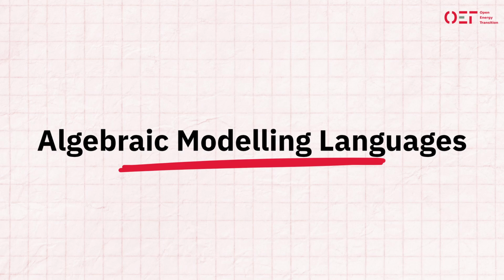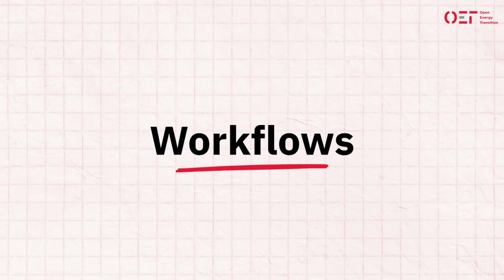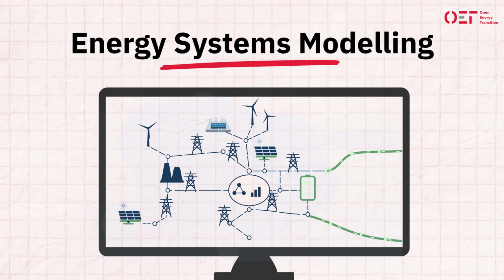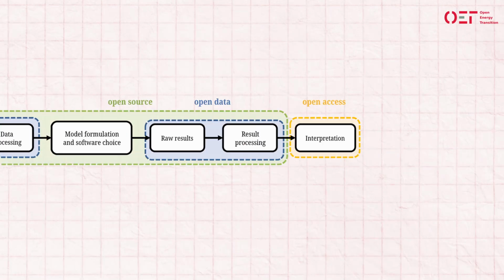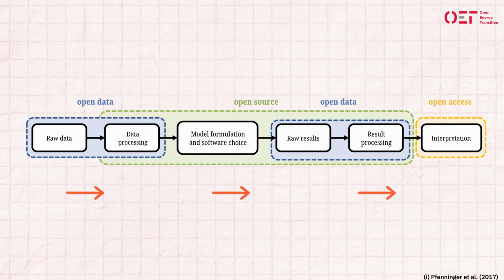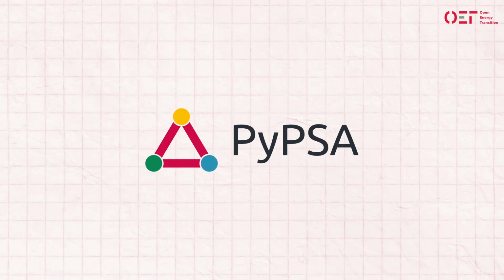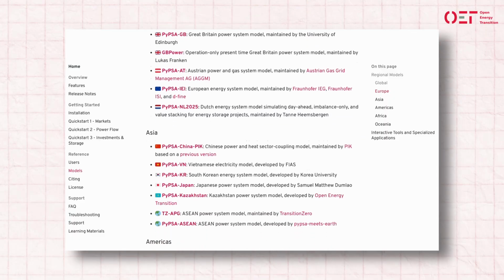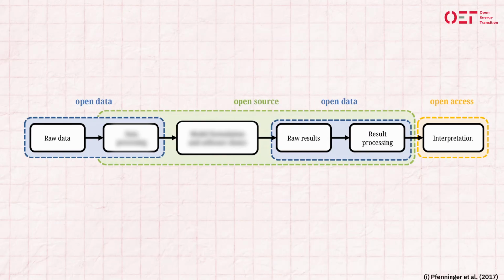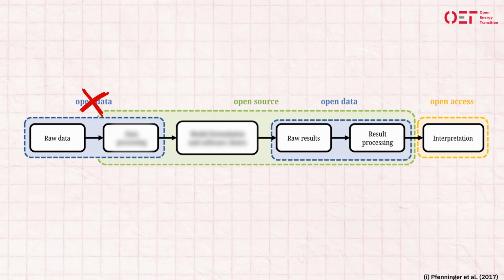Overall, it's important to understand the distinctions between modeling languages, frameworks, models, and workflows to better comprehend energy system modeling. When we say open energy modeling, it means that the entire workflow, from raw inputs to insights, is open. Whilst PyPSA is an open source framework, and many open source modeling workflows have been developed from it, not all models made with PyPSA are necessarily open source, and not all necessarily use open data.